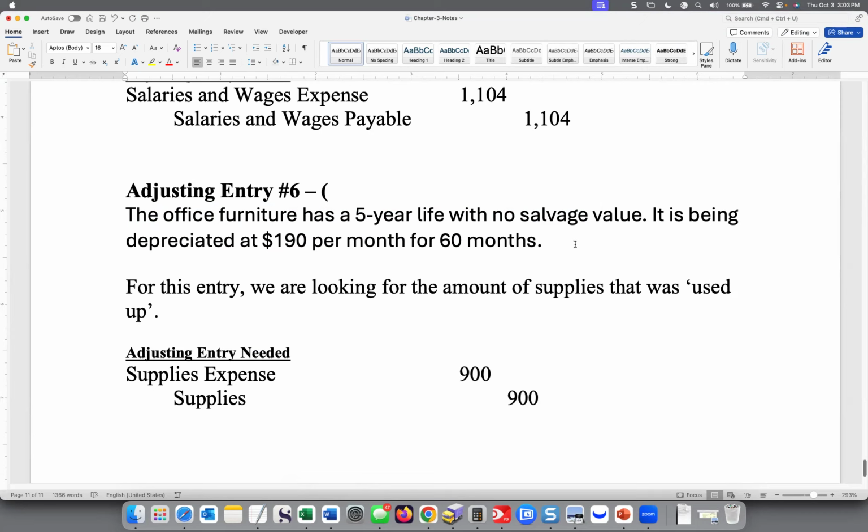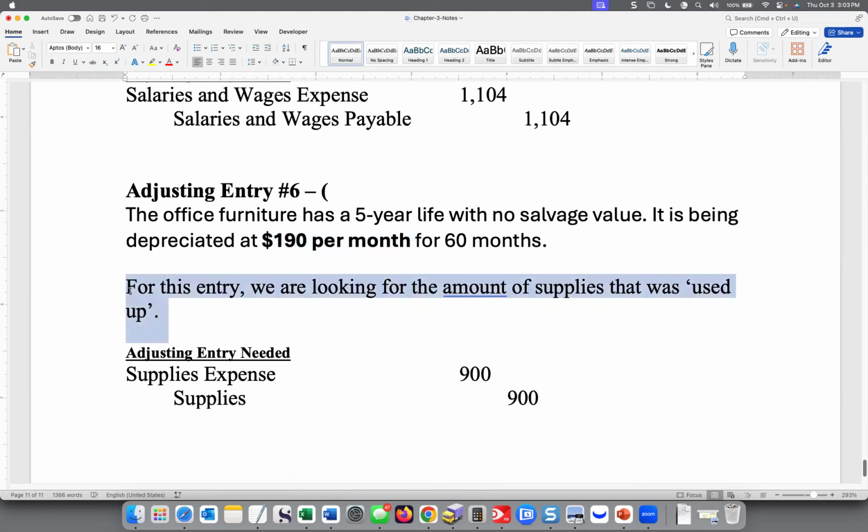Real quick, salvage value is what you think you can get for it for scrap, or what you think the fair market value would be at the time you want to get rid of it at the end of its service life. That's what that is if you're wondering what's salvage value. It is being depreciated at $190 per month for 60 months, which makes sense because it's 5 years, 12 months. So really what you needed was that guy right there. That's all they really needed from that.